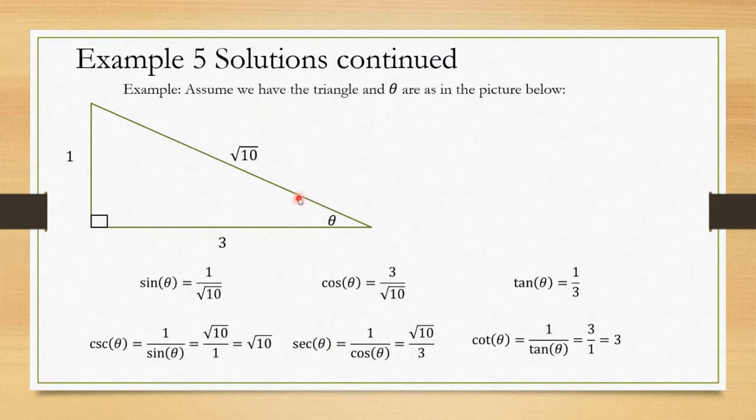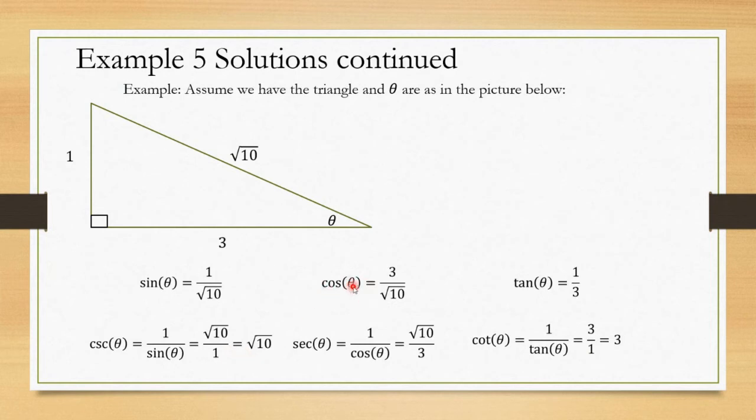So just like before, we can get all the other trig functions. Sine of theta is opposite divided by hypotenuse, 1 over radical 10. Cosecant is 1 over sine, so you invert this. You get radical 10 over 1, which is just radical 10.